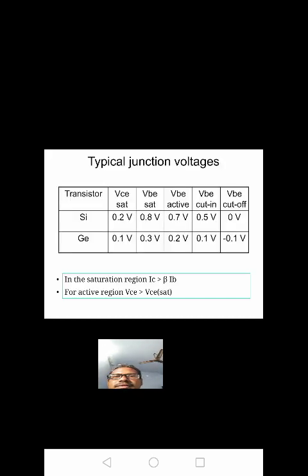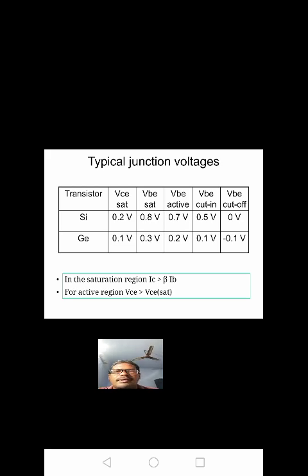Typical junction values for a transistor: VCE saturation, VBE saturation, VBE active, VBE cut in, VBE cut off. The transistor is made using silicon or germanium material.